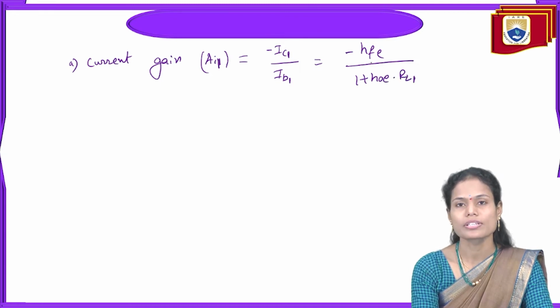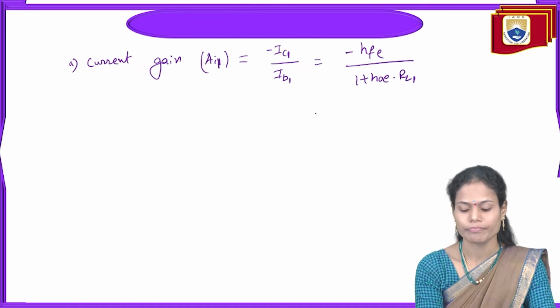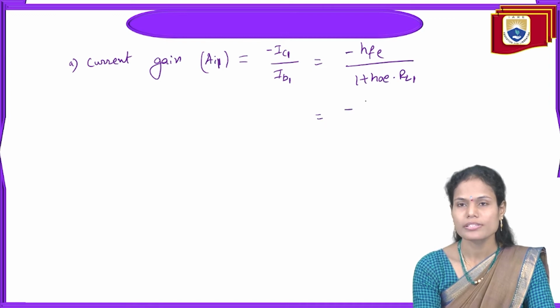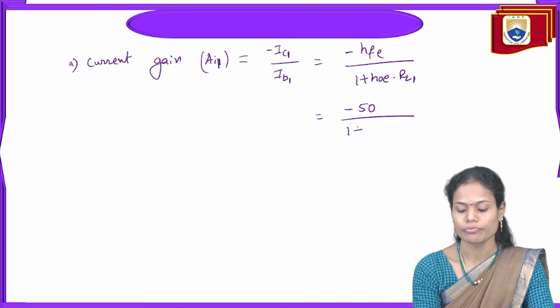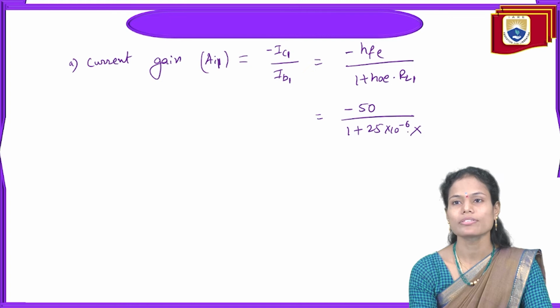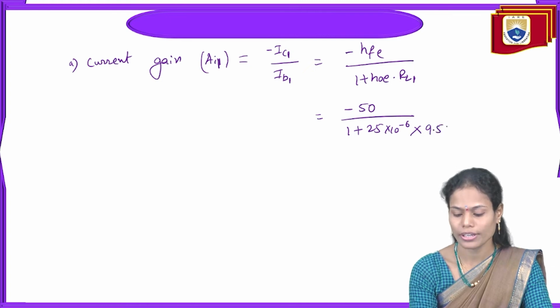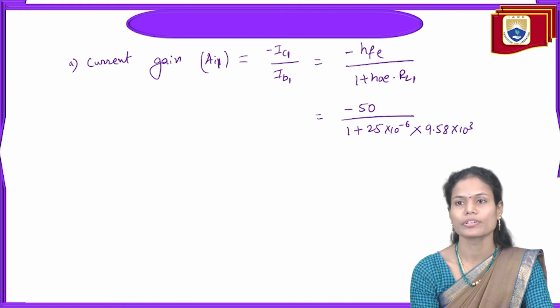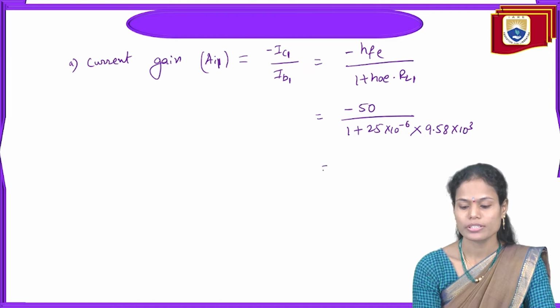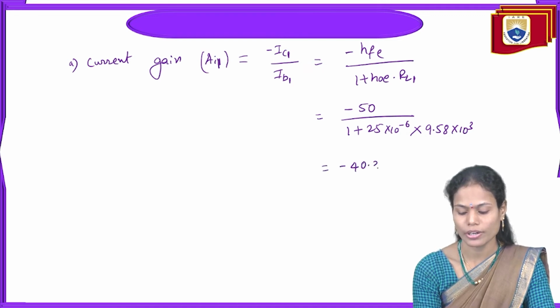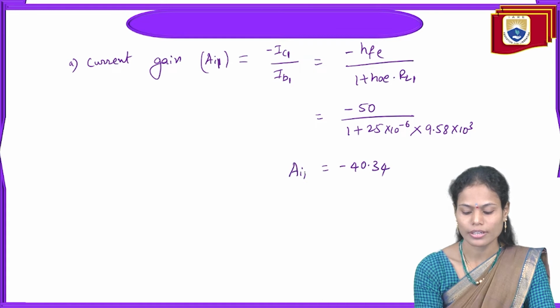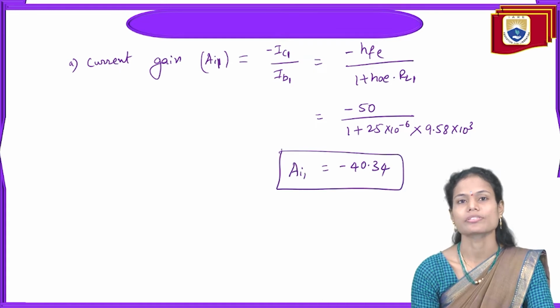The first stage is a common emitter configuration, so that's why we write the formulas with subscript E. Here HFE value is 50, HOE is 25 into 10 power minus 6, and RL1 we just calculated as 9.58 into 10 power 3 ohms. After simplification it is minus 40.34, the current gain of the first stage.